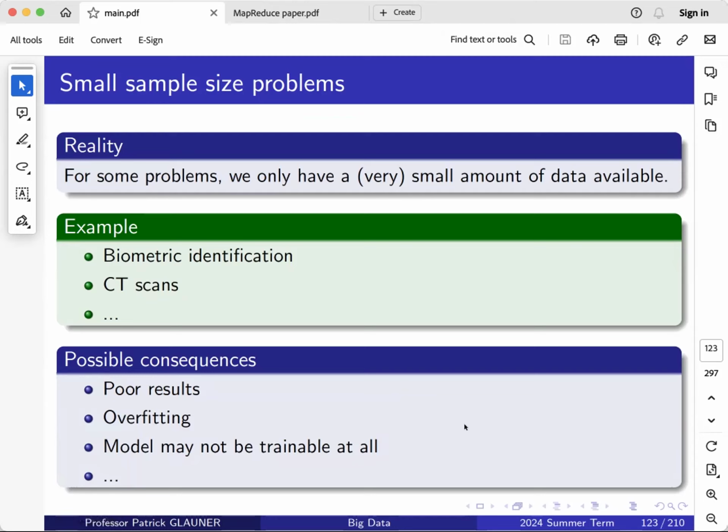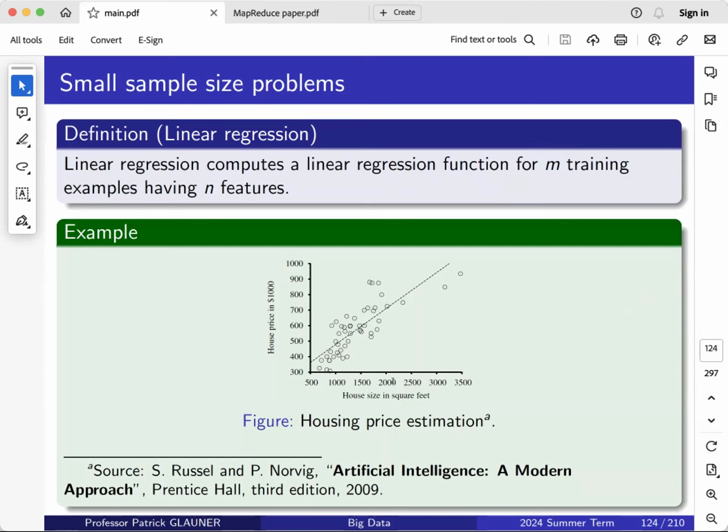Here we have maybe 30 or 40 examples, so m is around 40, and we have one feature in here, which is the house size in square feet. And we have a corresponding label, which is the house price in thousands of dollars. And we see that there is some linear correlation between the house size and the house price.